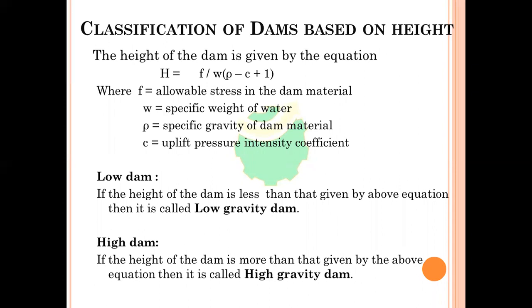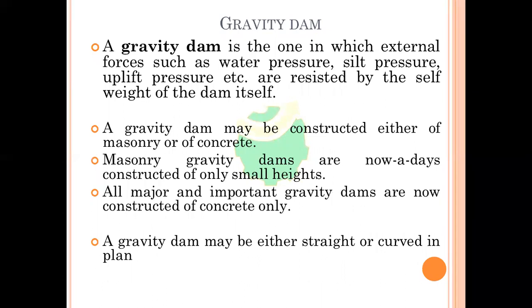The detailed calculation will be discussed in the design of gravity dams. If the height of the dam is less than that given by the above equation, then it is called a low dam. If the height of the dam is more than that given by the equation, then it is called a high gravity dam.